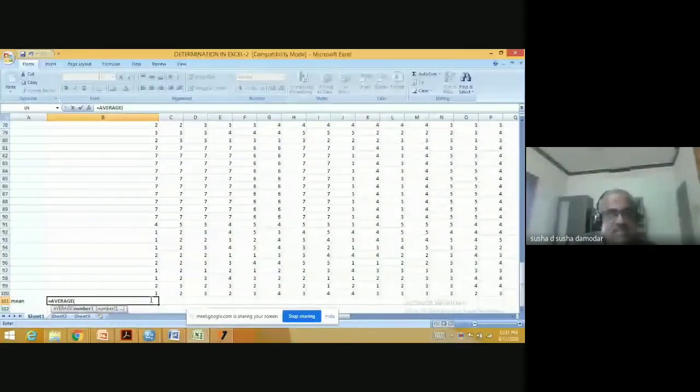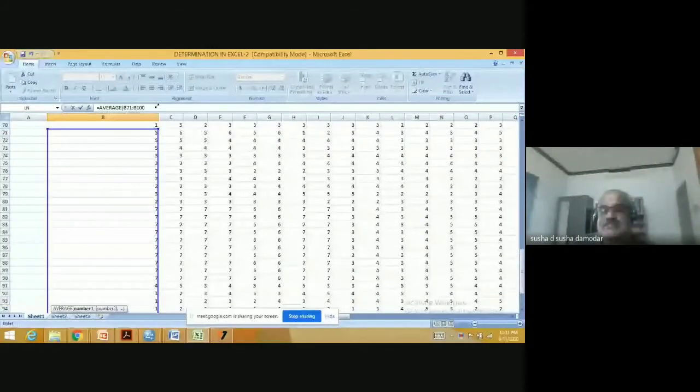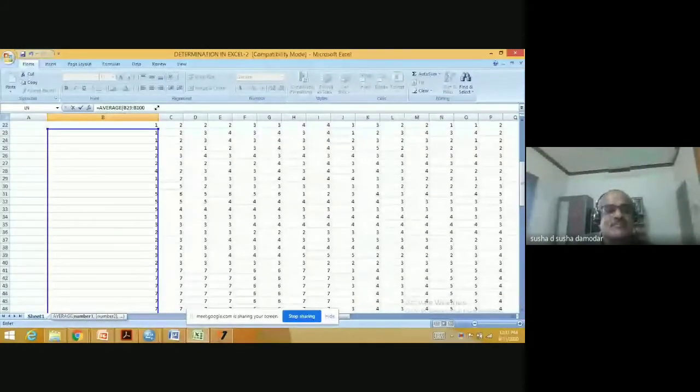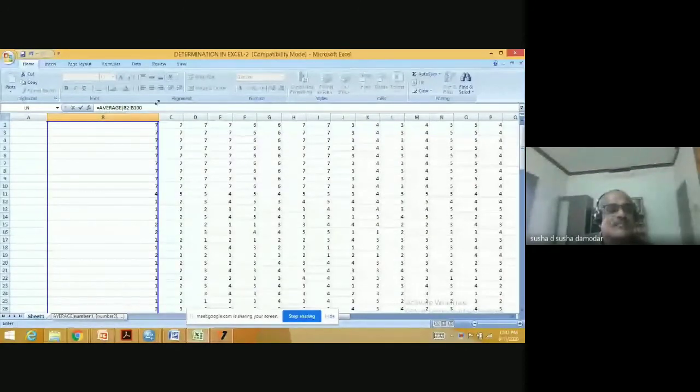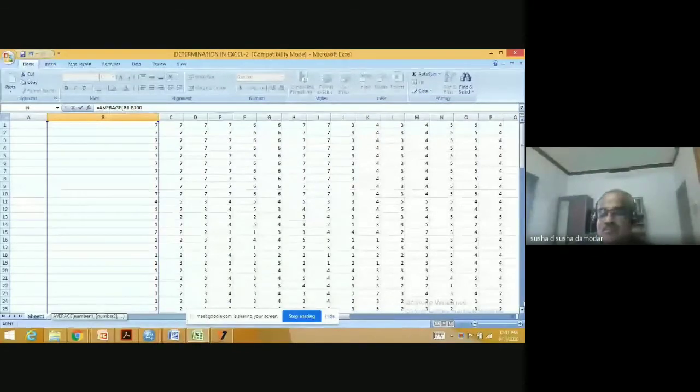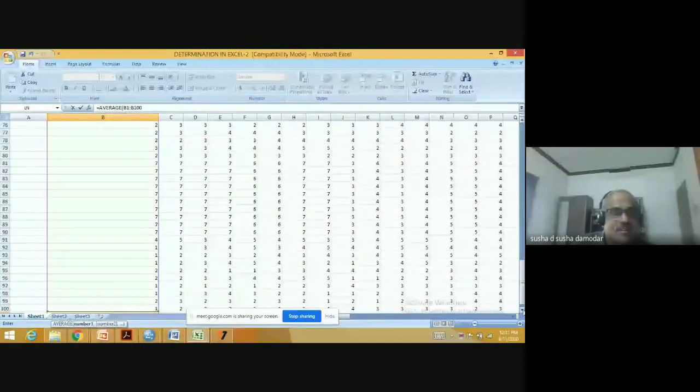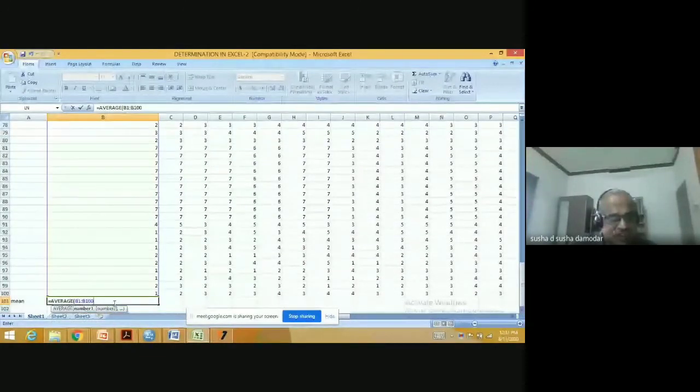Then select this column. 100 responses were entered in the formula, bracket close, and just press enter.